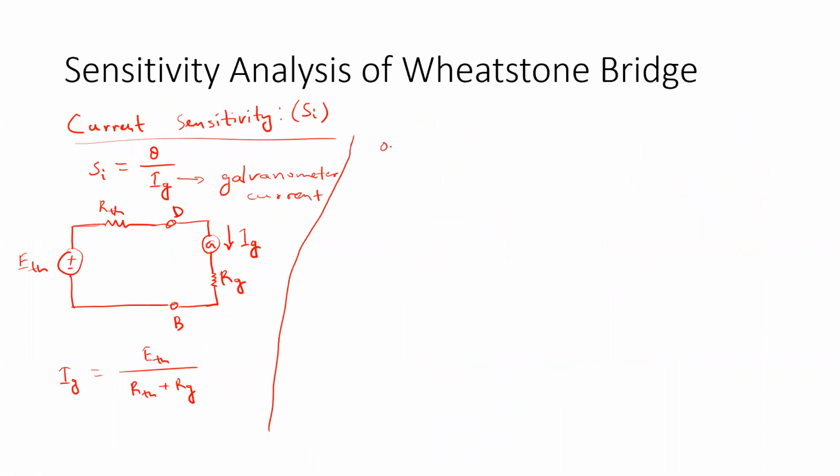So if it is our node D, this is node B, then in between them this would be our R plus delta R, this would be S, and this would be P, and this would be Q. And this point is actually indicating the common node here, the node A and C, which are short circuited now.